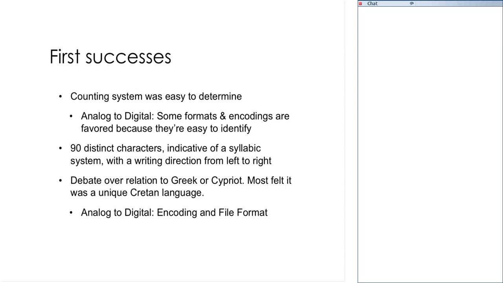And this counting system is actually very comparable to something that happens in what we would call digital forensics, this branch of digital preservation that deals with recovering data. Many of the formats and encodings we'll talk about later in the webinar today are favored by the digital preservation community because they're easy to identify.